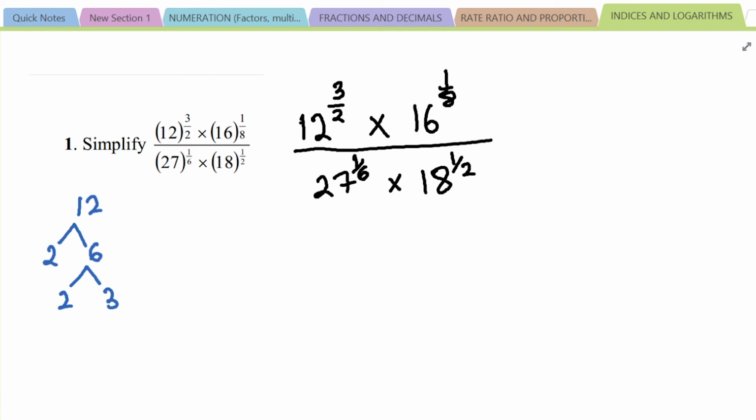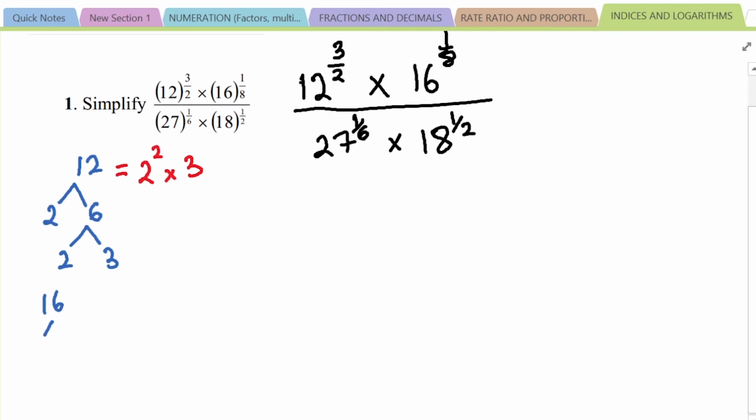So 12 is the same as 2 to the power 2 times 3. Let's go on to 16. 16 by 2 will give us 8, by 2 it will give us 4, by 2 we'll end up with 2. So 16 is the same as 2 to the power 1, 2, 3, 4.